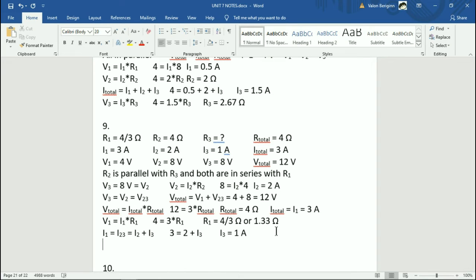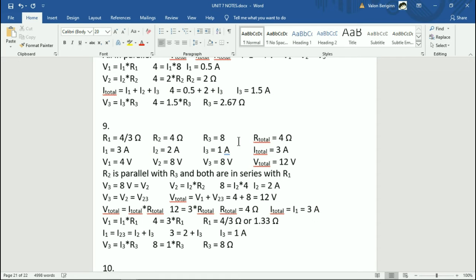And therefore, we could finally solve for R3. Eight equals 1 times R3. So R3 equals 8.